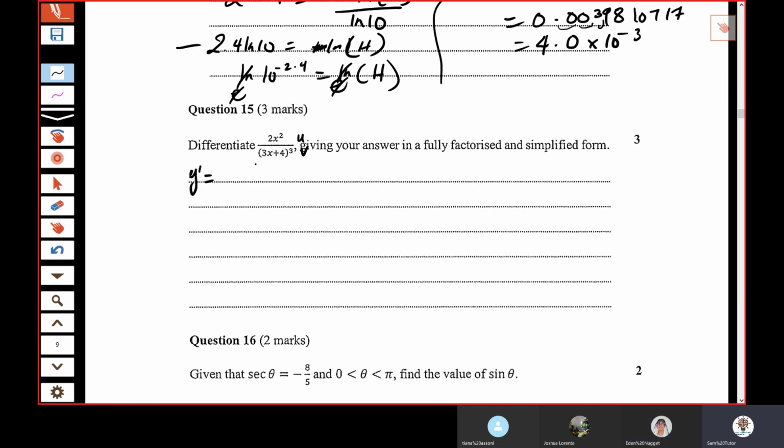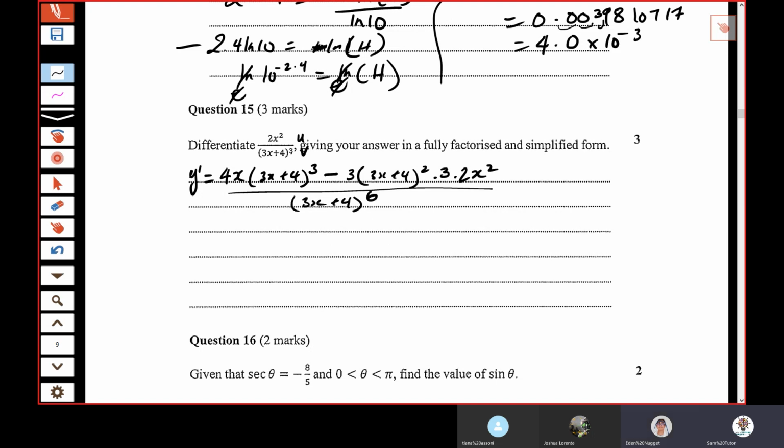Done. Let's do it. U dash V minus V dash U, all over V squared.